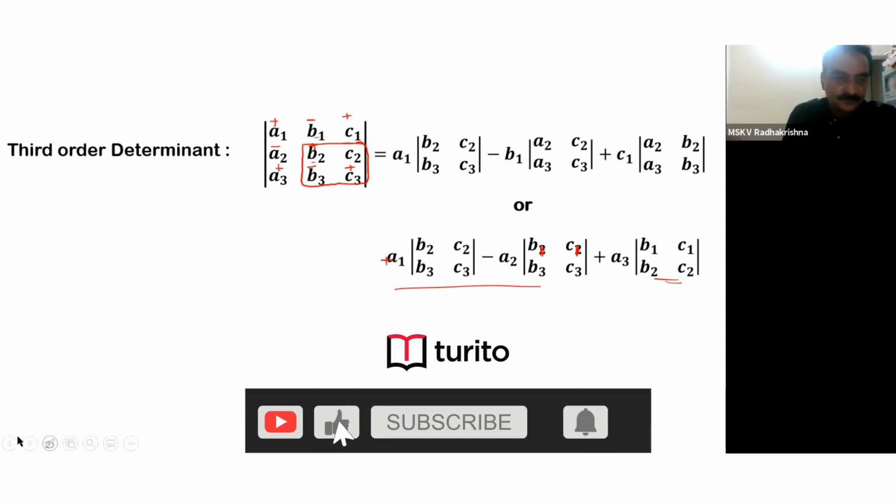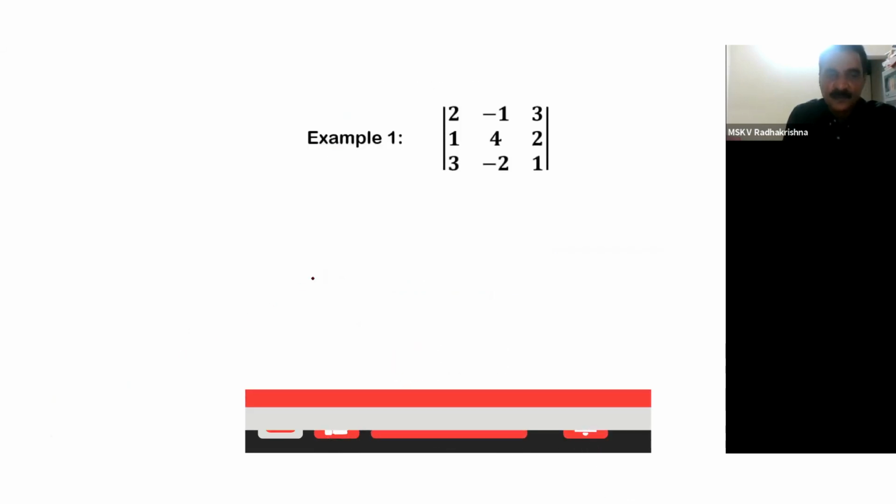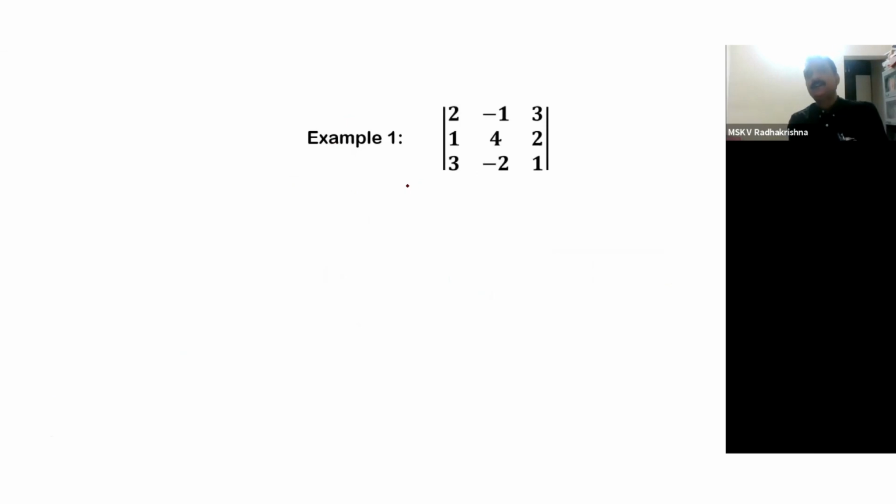Now, example. Find the determinant formed by the numbers 2, minus 1, 3, 1, 4, 2, 3, minus 2, 1. Usually we calculate the determinant using first row. So first 2 into the remaining determinant, this determinant.